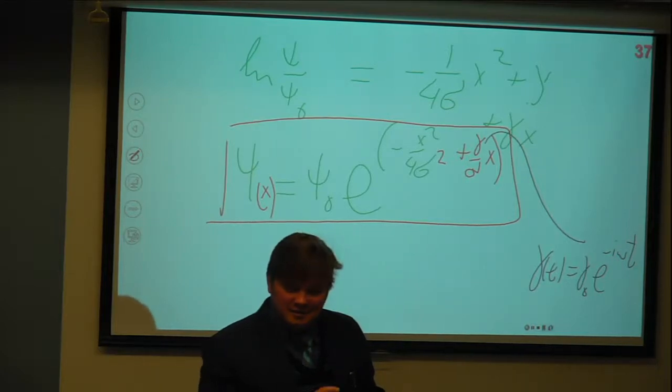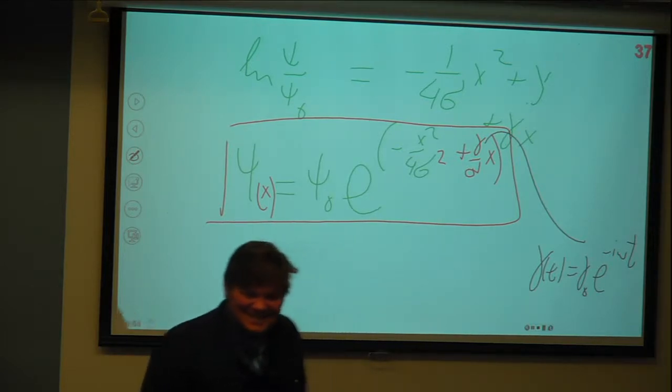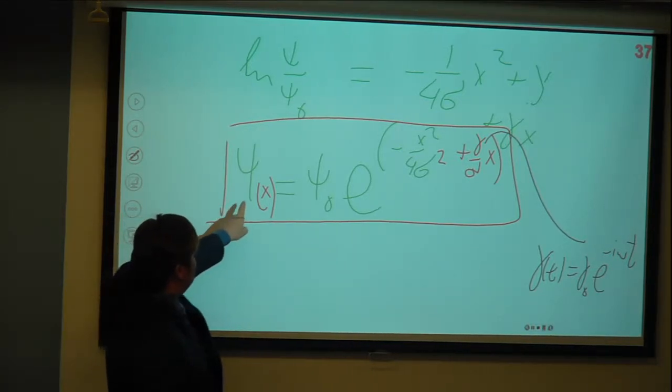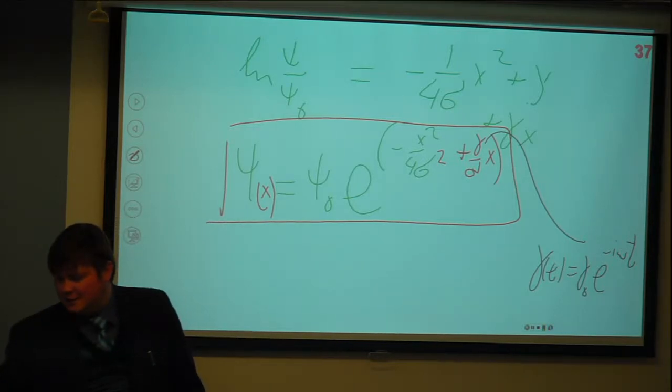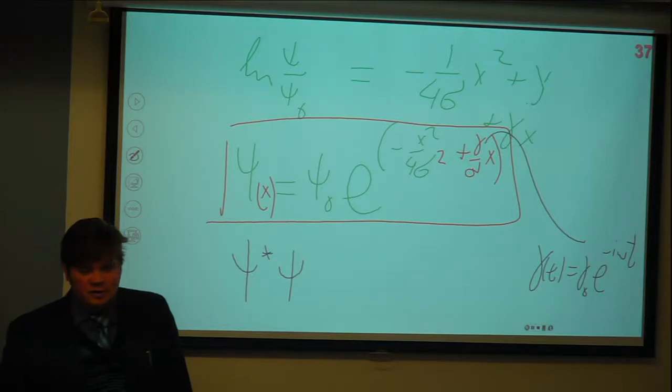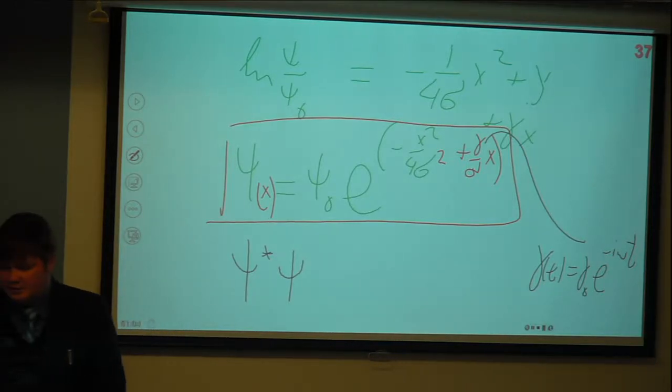Catch a stranger and say, I want to teach you how a harmonic oscillator behaves. So we are going to take psi star psi of this wave function and look at what the result will be.